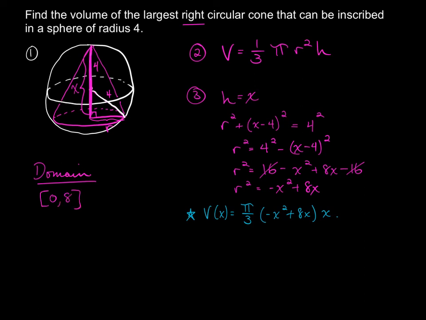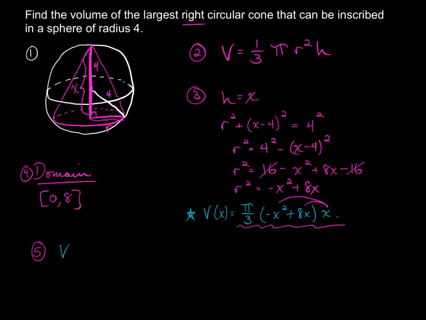So now all we have to do, that was step 4, is come down here for step 5, find the derivative of this equation. And for that, I want to distribute this x because using the power rule here would be much faster than using the product rule.